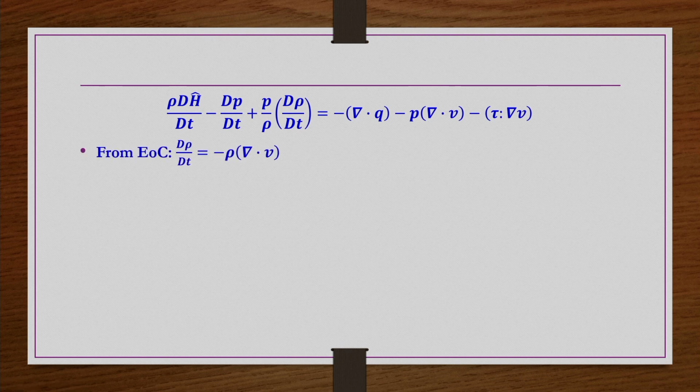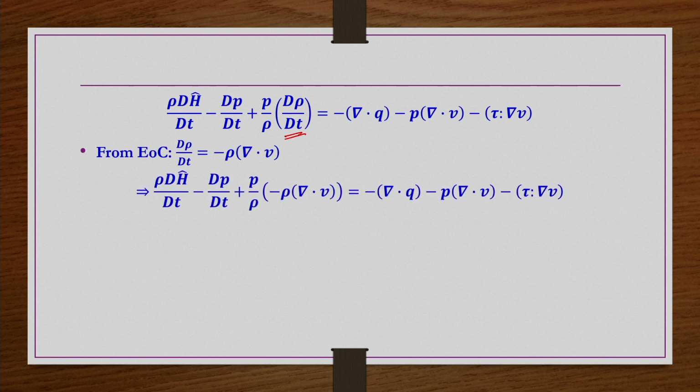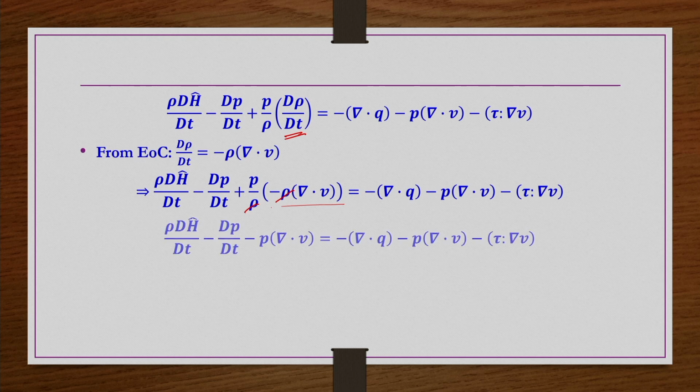Now, from the equation of continuity we can write Dρ/Dt is nothing but minus ρ del dot v. This we derived in the last class. If you substitute here, P by ρ times minus ρ del dot v, this ρ is cancelled out, so you can write minus P del dot v here, and the rest of the terms are as they are.